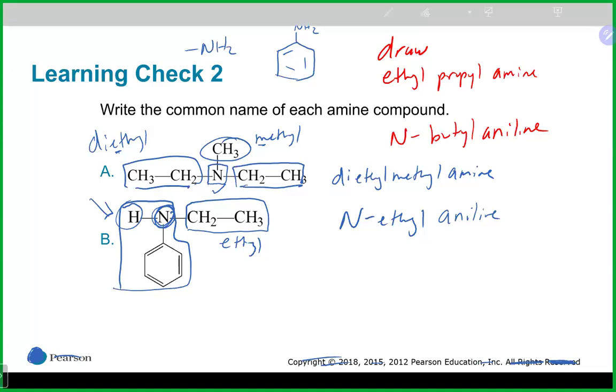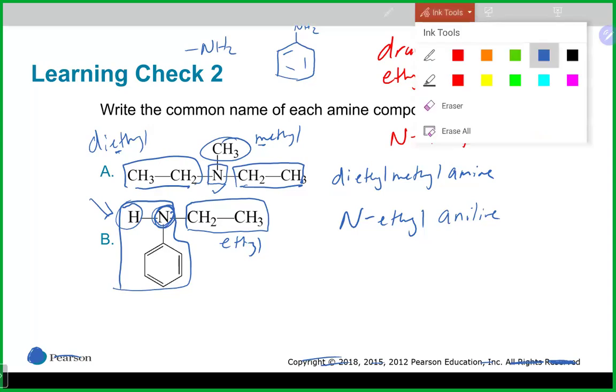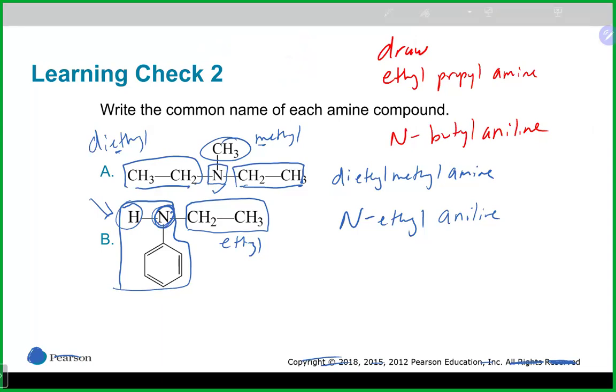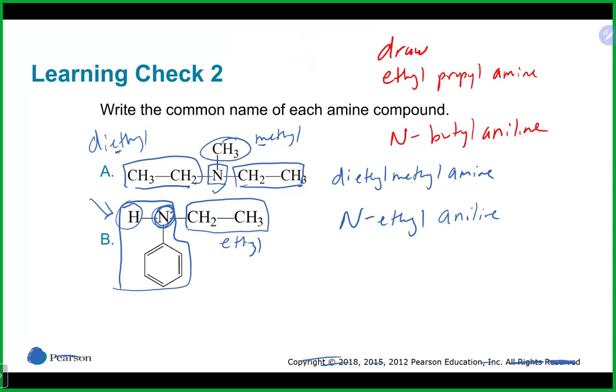I think probably could just steal it just for you there, but we'll start again. So kind of like what we talked about with ethers, once again here with the amine, I would actually just start with the nitrogen and work off of that, since we have the common names. So I have an amine, I know that's a nitrogen basically, and now I just have groups on whatever side of the nitrogen you want to put them.